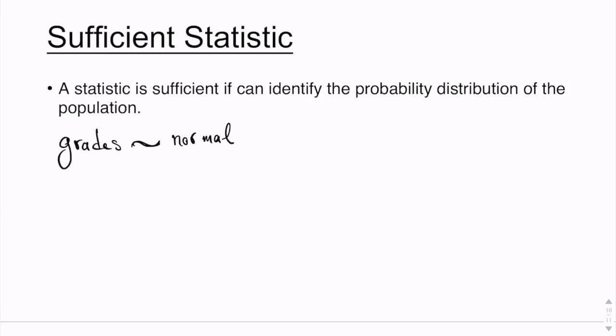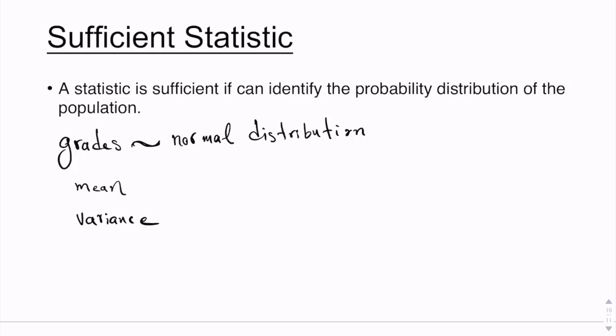So if you know these grades are normally distributed, what do we need to compute in order to have all information about this probability? Yes, we need to know the mean, and we need to know the variance, or also the standard deviation.